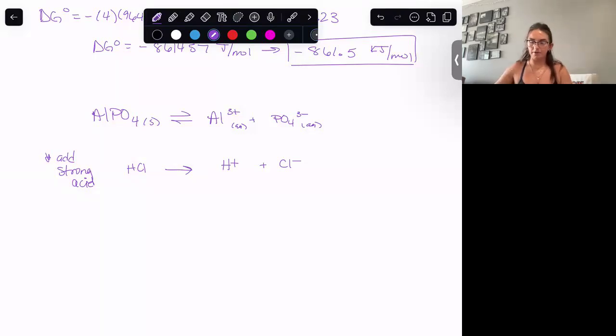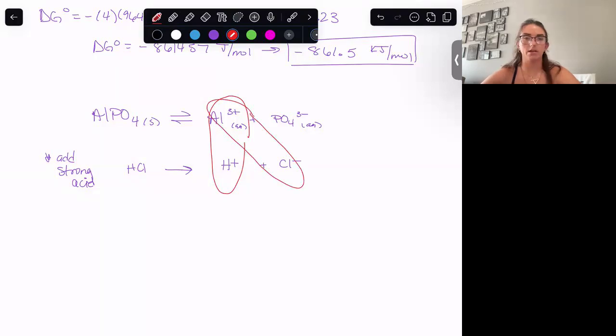So now that we have these 4 ions in solution, we're going to look at what could happen now with these 4 ions. We could have aluminum and hydrogen. Are those going to pair up? Do 2 positive charges form a compound? Nope, those don't pair up. But what about aluminum and chloride?